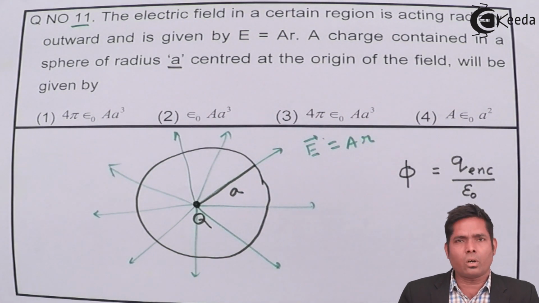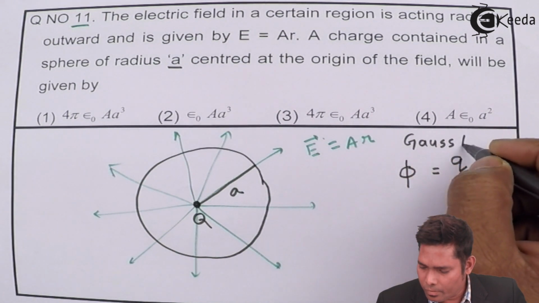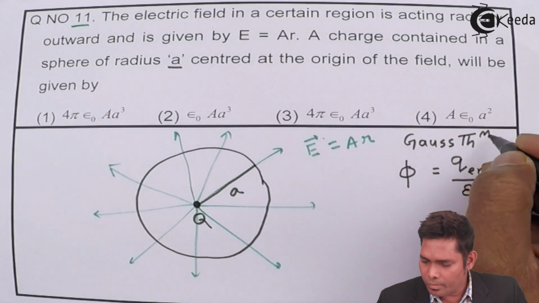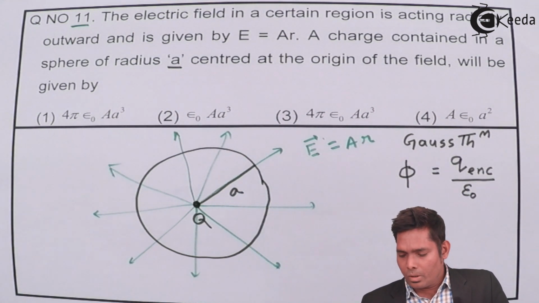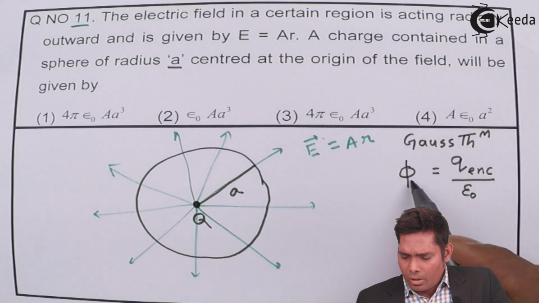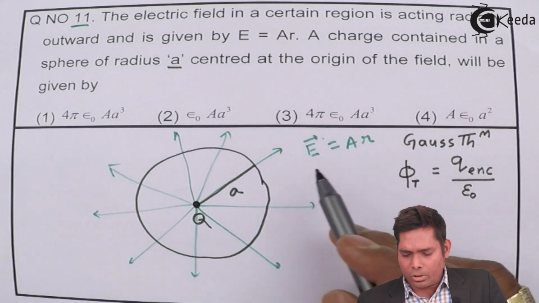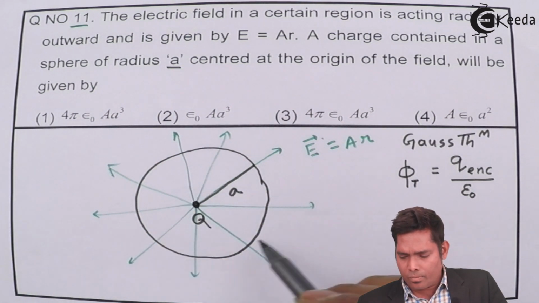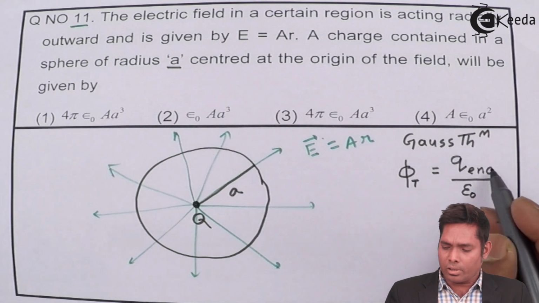This is your Gauss theorem. This is the total flux passing through the Gaussian surface, and this is the net charge enclosed.